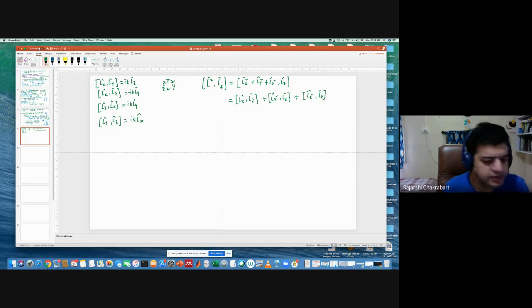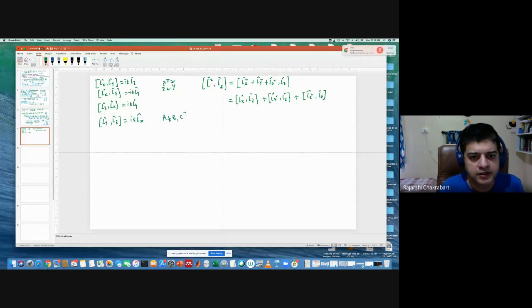It's not very difficult. It's very easy, no? If I have an operator, say A plus B, comma C, the commutator of this, what is this? This is nothing but the commutator of A comma C plus the commutator of B comma C. It's very easy to see. So this is exactly what I have done here.